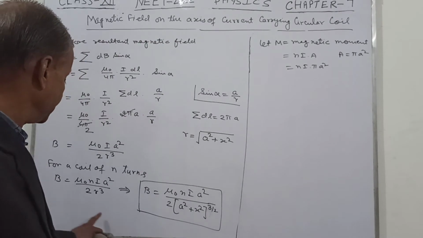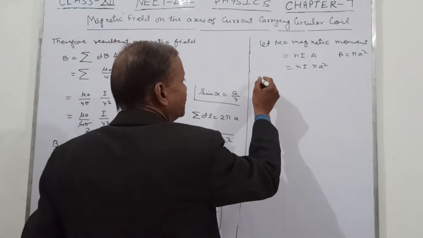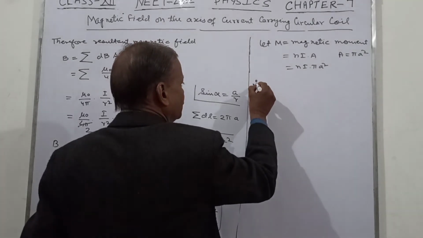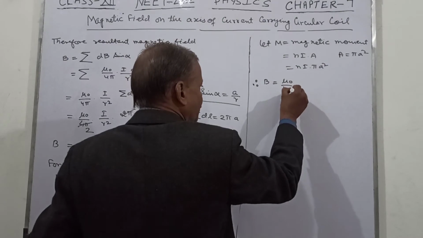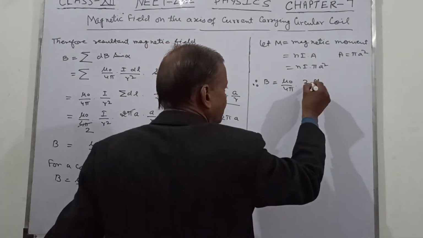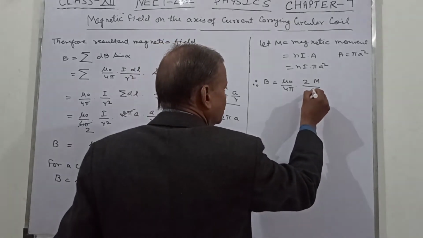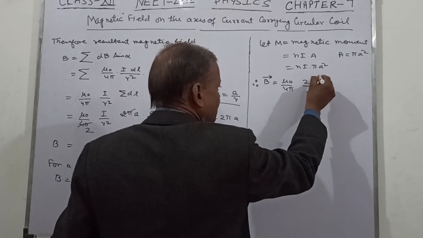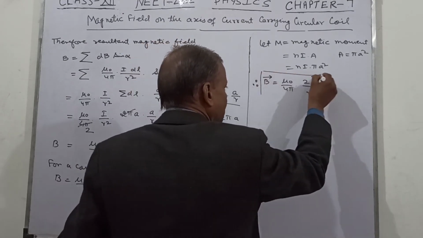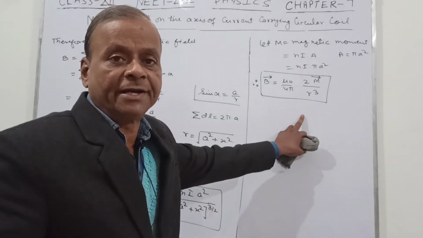So we can write here that the magnetic field, therefore, B equal to mu naught upon 4 pi into 2M upon R cube. We can write it like this. This is in terms of the vector. This is a vector quantity. We can also express it in terms of the magnetic moment.